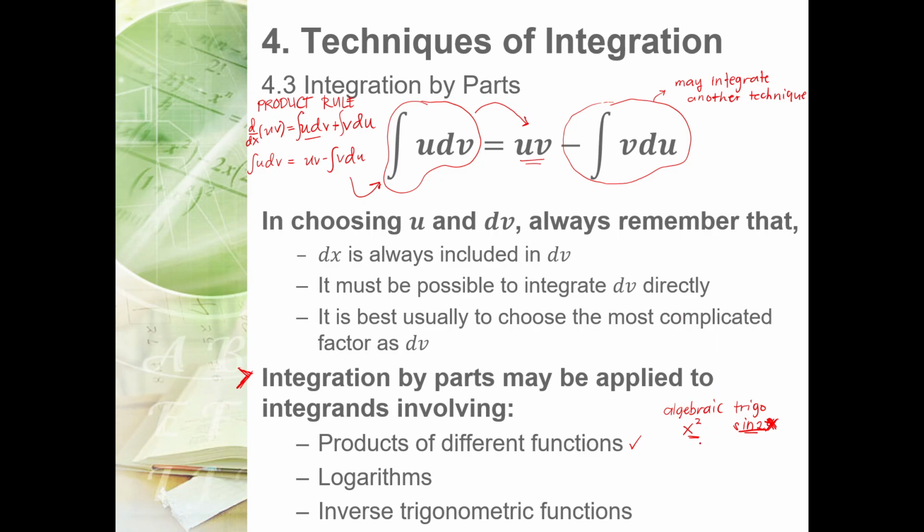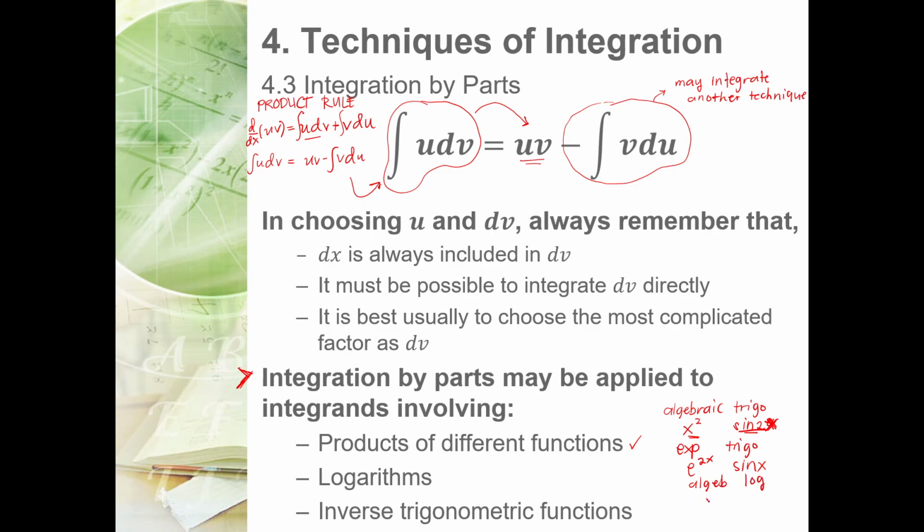It could also be exponential against trigonometric. Let's say e to the power of 2x, then you have sine x. It could also be a product of different functions, so also algebraic, then let's say logarithmic.